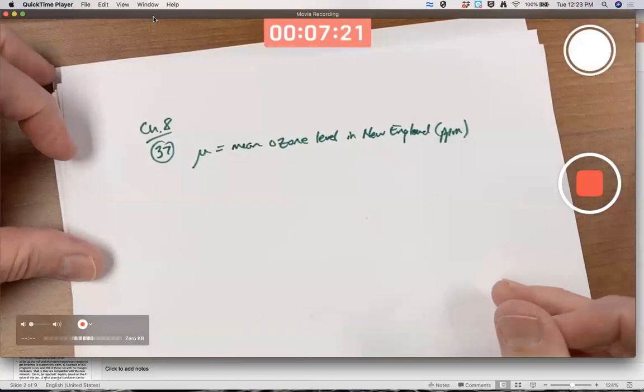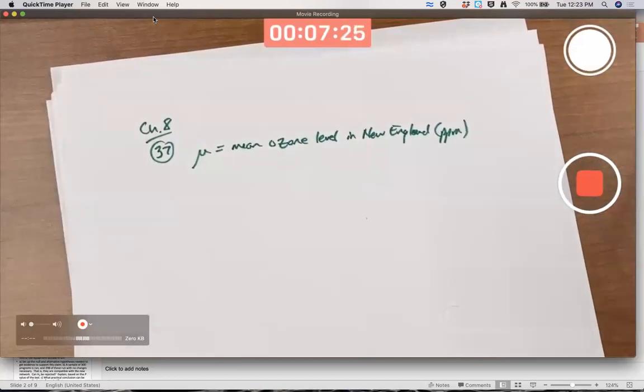If you wanted to be a little bit more precise, maybe you'd say it's the mean ozone level at every single location in New England. Like if you could measure this at every single square meter of land, I don't know, 5 feet above the ground or something, that would be your population. And the mean of those numbers would be the population parameter that you're trying to do inference about.